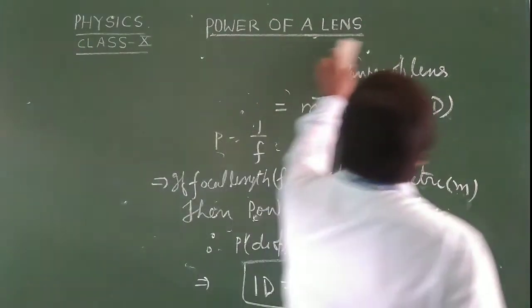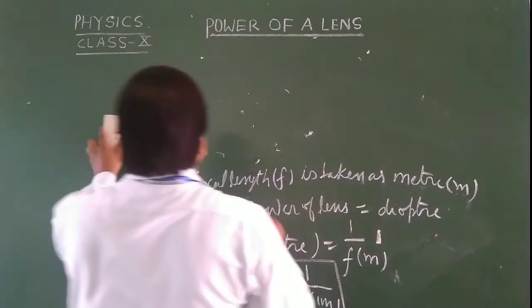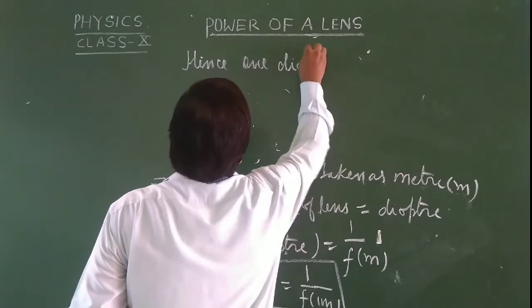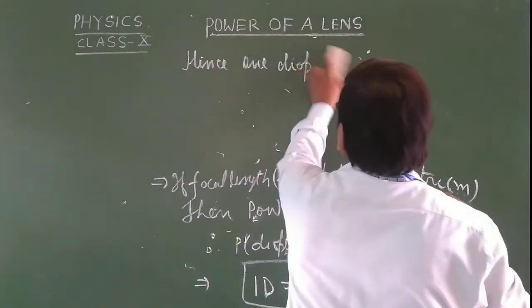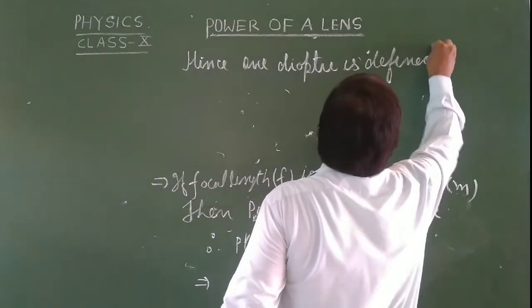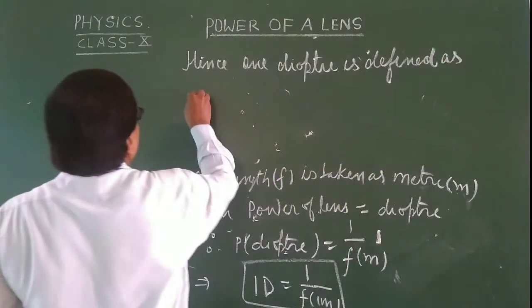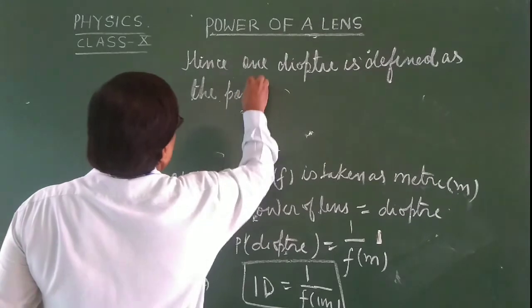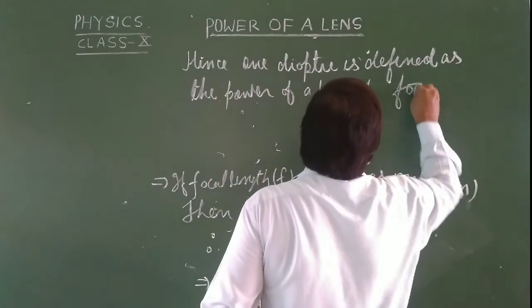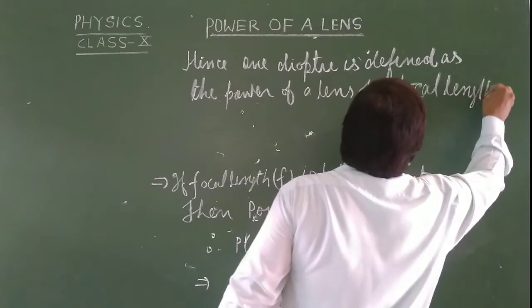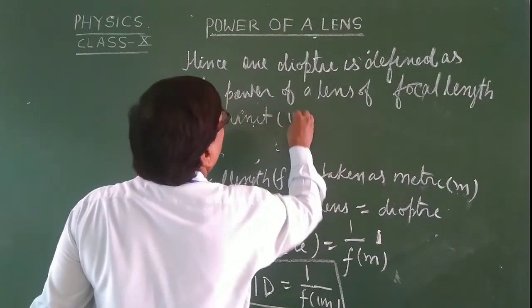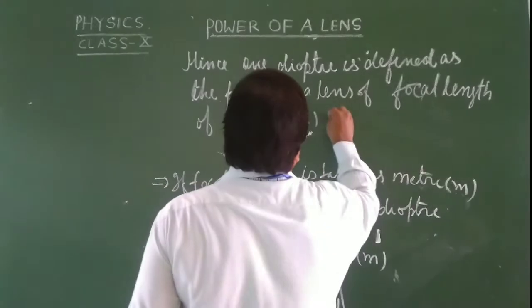So 1 diopter is defined as the power of a lens of focal length 1 meter.